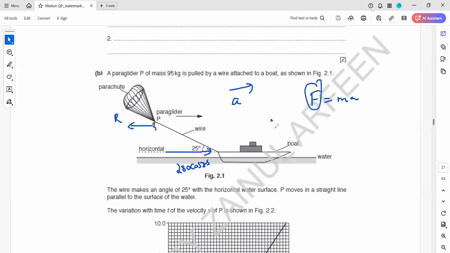So 280 cosine 25 minus the air resistance equals MA. So R equals 280 cosine 25 minus MA, where R is not the resultant force, R is the air resistance acting on this glider. Is this clear?